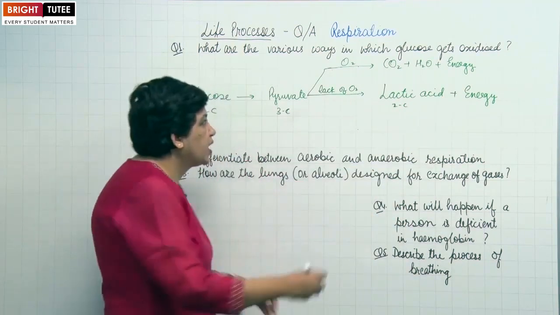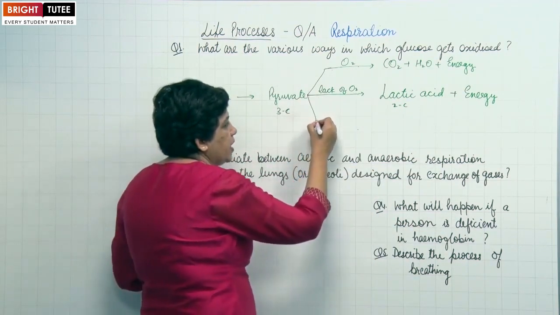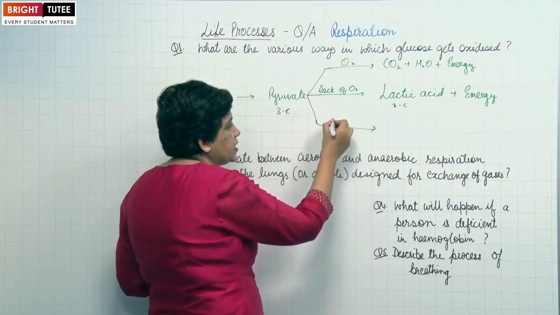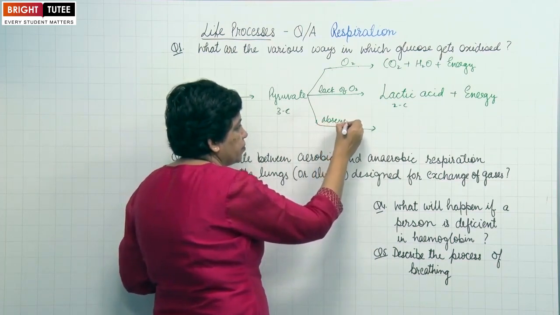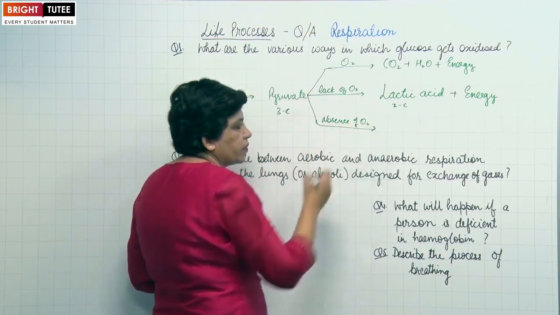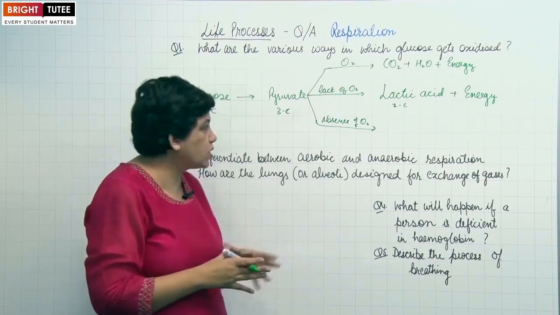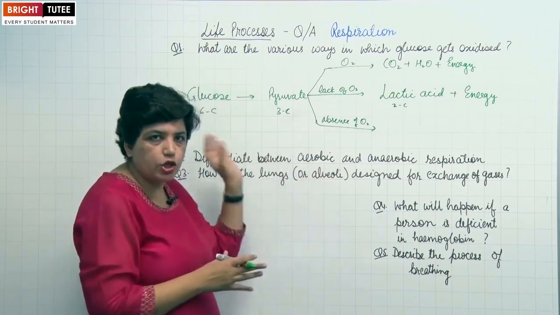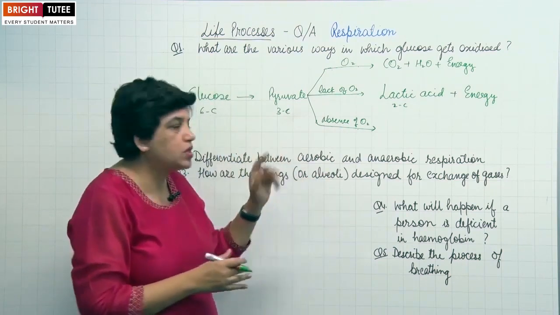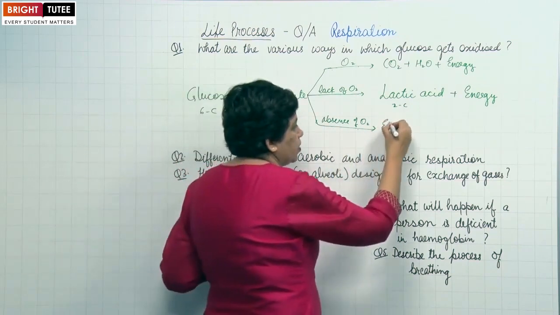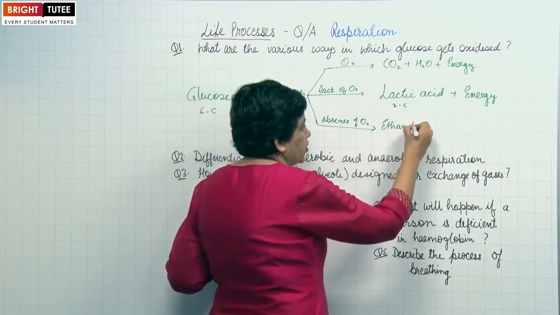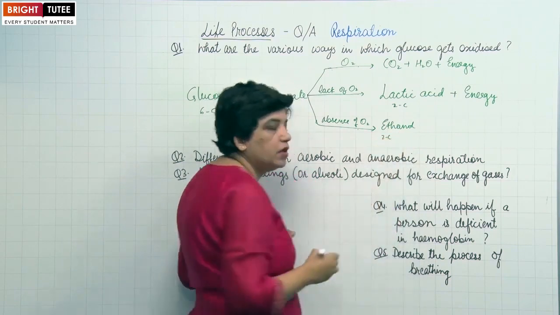is released. Third case can be, for example, in yeast, where there is an absence of oxygen. So in yeast, anaerobic respiration takes place when there is no oxygen. They can break down the glucose into ethanol, which is again a 2-carbon compound.